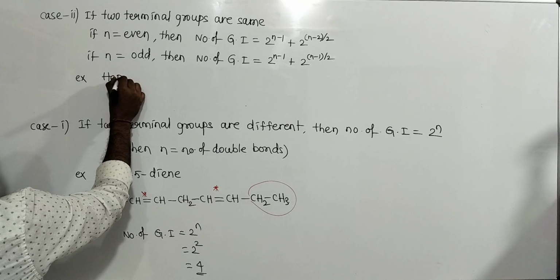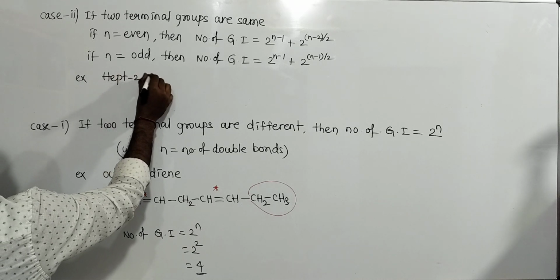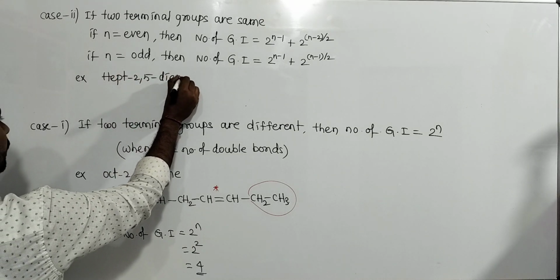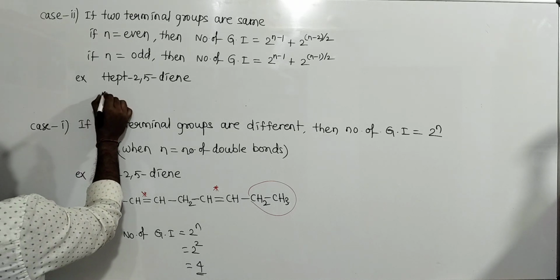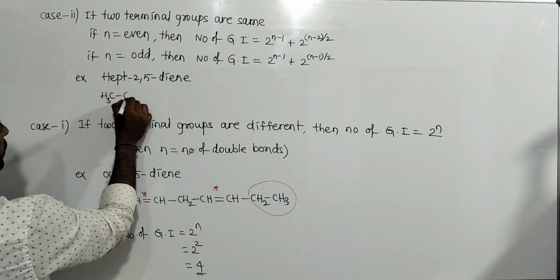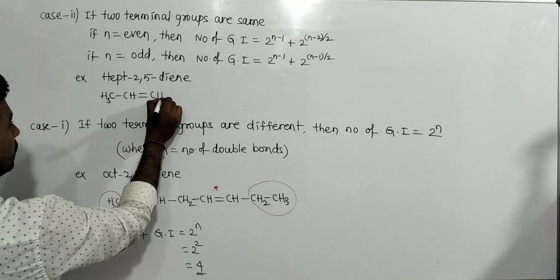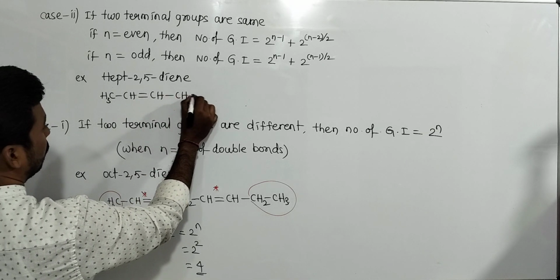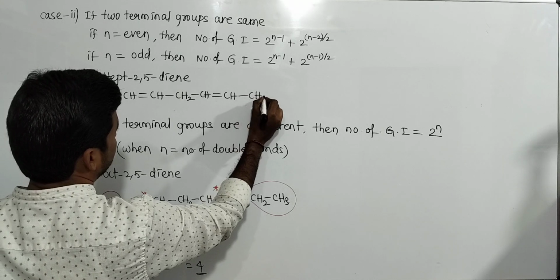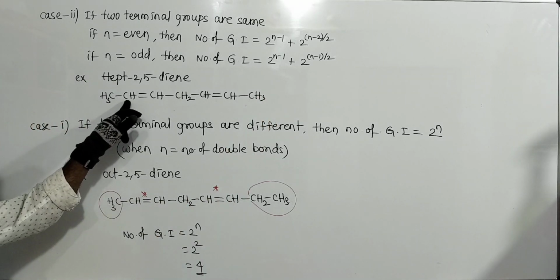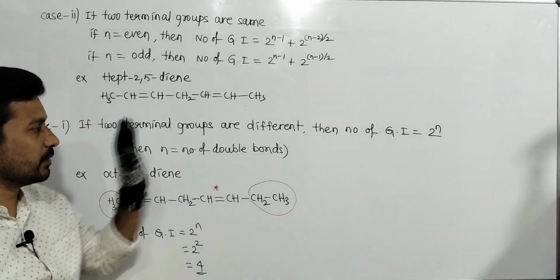Hept-2,5-diene. So in hept-2,5-diene, CH3, CH double bond CH, CH2, CH double bond CH, CH3. Number of carbons: 1, 2, 3, 4, 5, 6, 7.